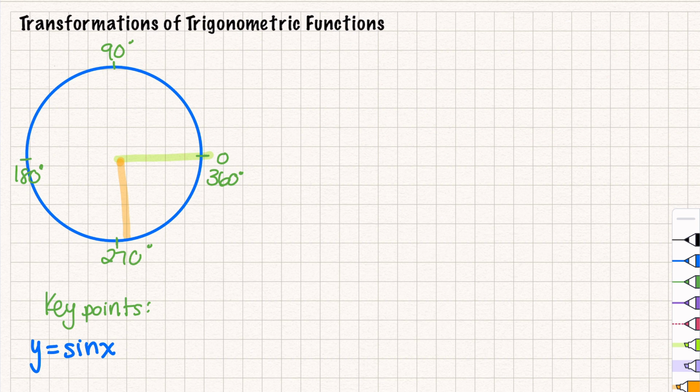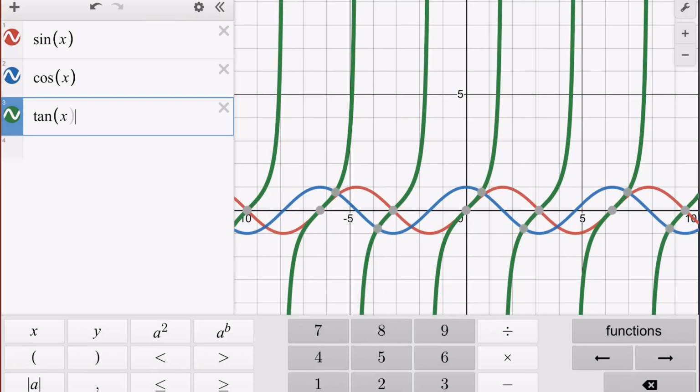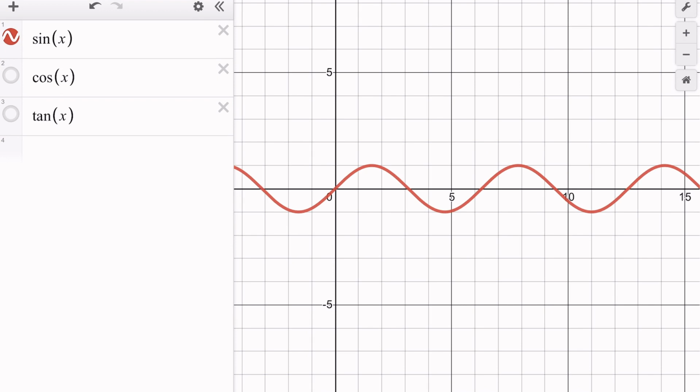So what ends up happening for our key points with sine, we end up with our function for sine.